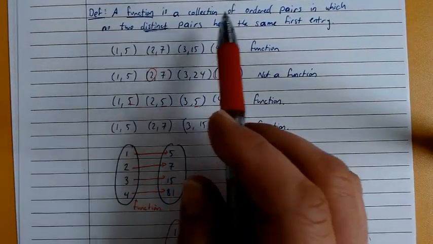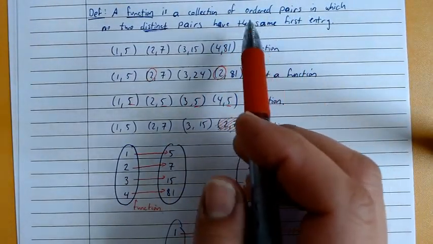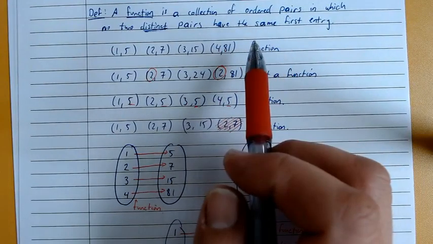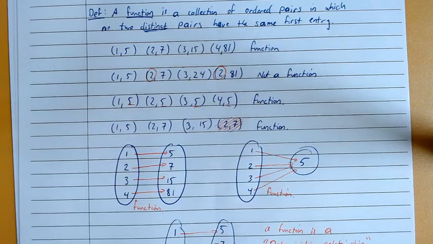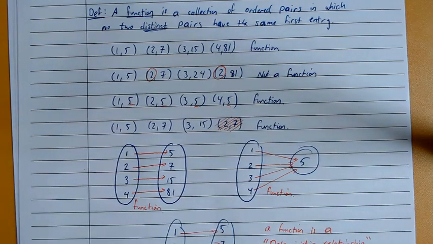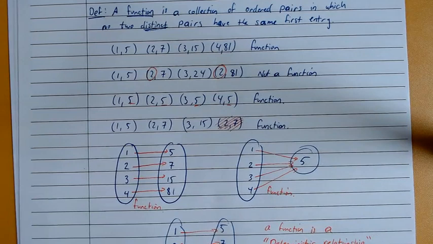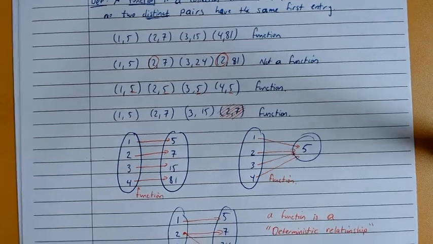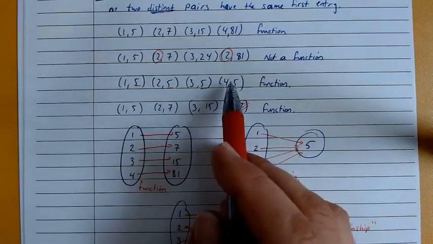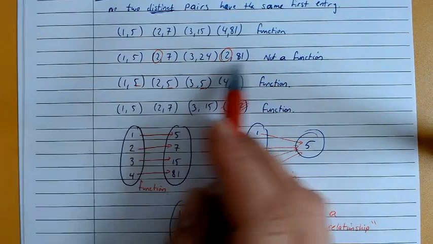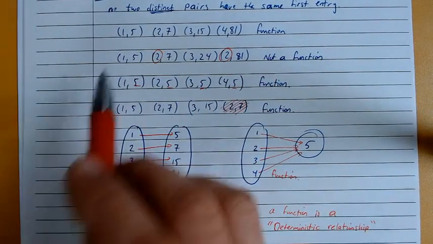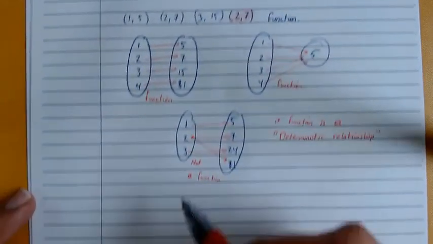A function is a collection of ordered pairs. When do we see ordered pairs? Ordered pairs are the solutions to equations of two variables, and they are often expressed as a graph. So let's consider this one more time, the same function, and maybe not a function. Let's go ahead and consider these from a third point of view. Let's talk about them as a graph.